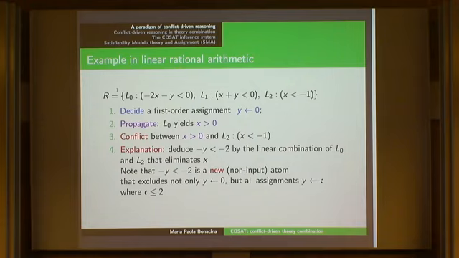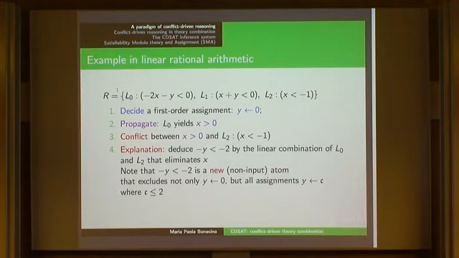At this point, the procedure may explain this conflict by deducing minus y smaller than minus 2, by what? By the linear combination of L0, the first constraint, and L2, the third constraint, the linear combination that eliminates x. So you see, we multiply L2 by 2, we take the sum, and we get minus y smaller than minus 2.